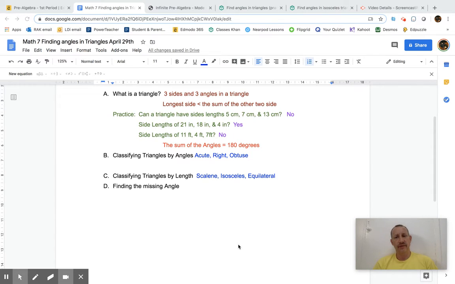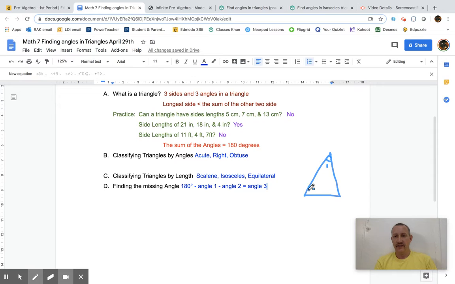But I think you guys should be able to get these, at least the one where you're finding the angles in a triangle. So how do we do that to review from yesterday? If all three angles equal 180, let's say you have a triangle like this, and you have angle 1.